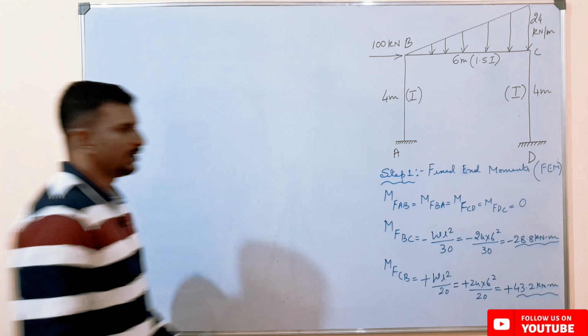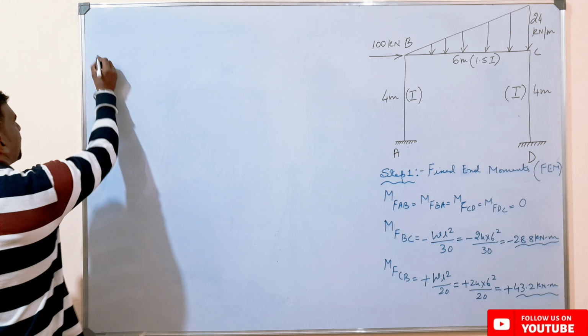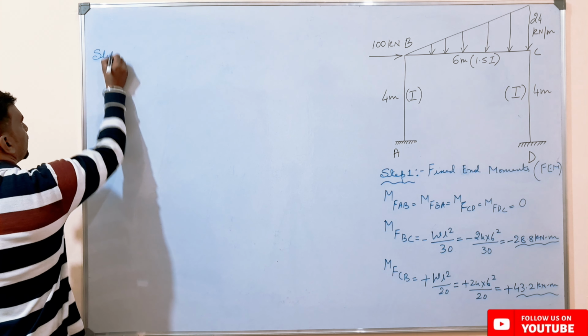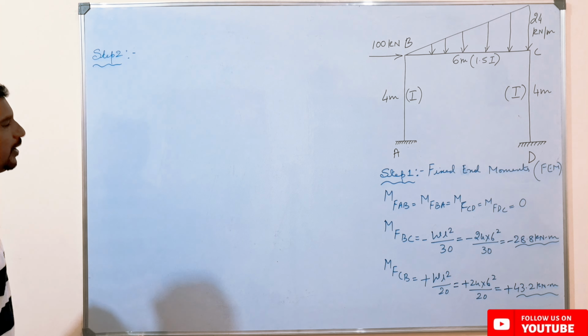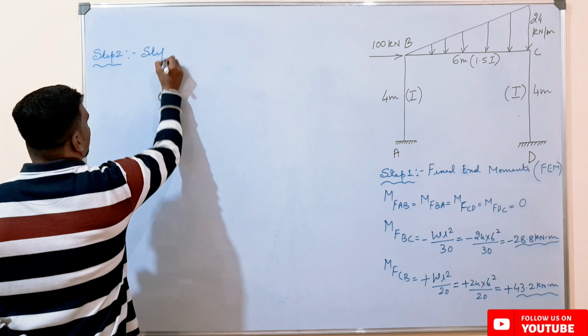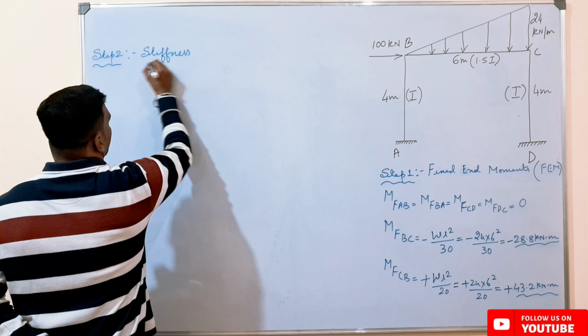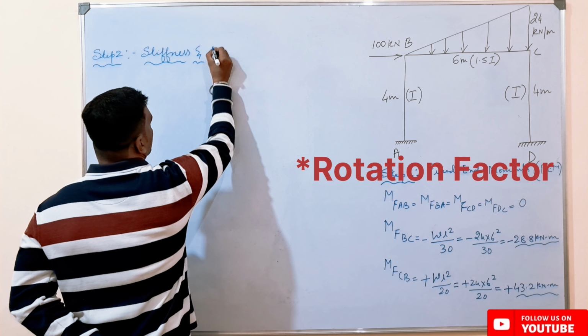After calculating the fixed end moments, the second step in Kani's method will be to calculate the relative stiffness and rotation contributions.